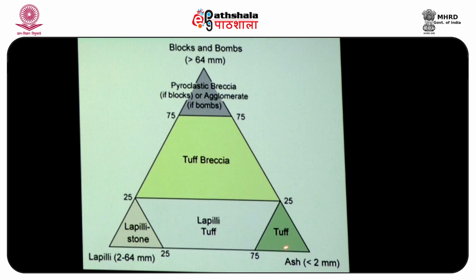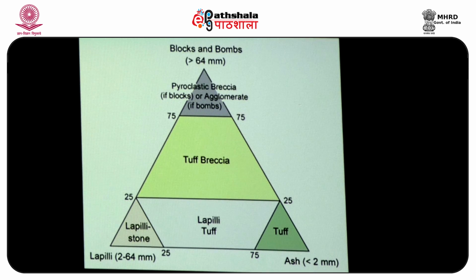Tuff is the material which goes in the air and then comes and settles down. So if it is only ash, it is called tuff. If it has ash and some other minerals or rock grains, it is called tuffaceous tuff breccia. And if it has more of lapilli, it is called lapilli stone.